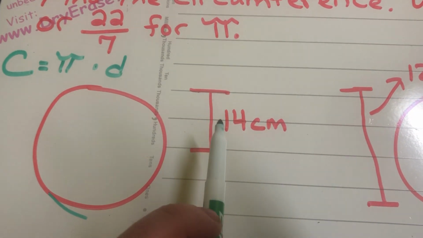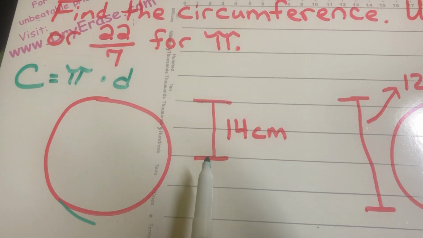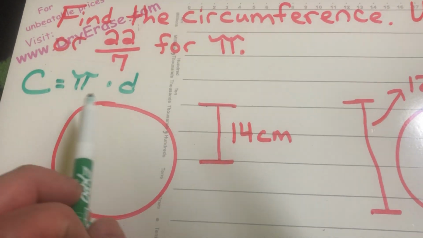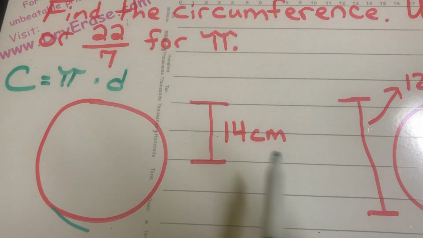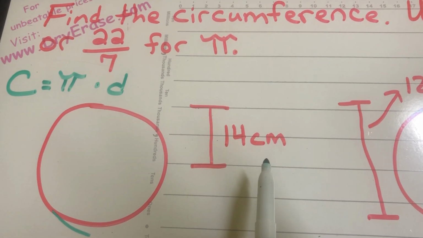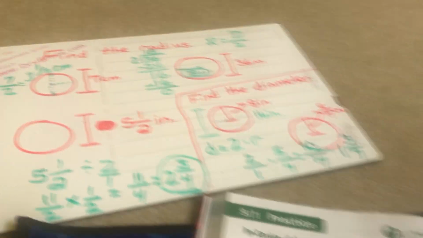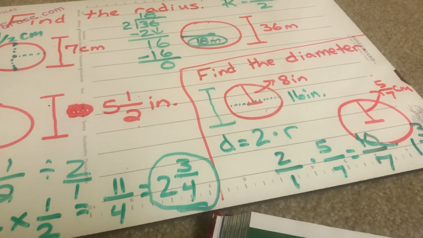Well, if I look at this first example, from the top to the middle, it's 14 centimeters. Now, this is just the radius. The formula for circumference is pi times diameter. So if I only know the radius, I have to go back to my original formula for finding the diameter. Remember that diameter equals 2 times the radius.